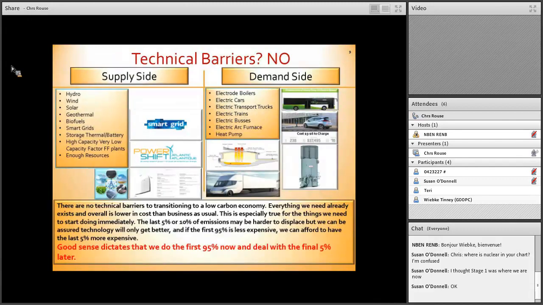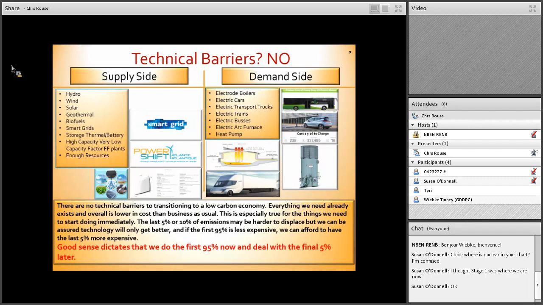So technical barriers. Are there any technical barriers to doing what we need to do? No, there's really not. On the supply side, we have all kinds of different resources that we can use to supply. On the demand side, there's not really any technical barriers either. Most of our industrial emissions come from boilers.